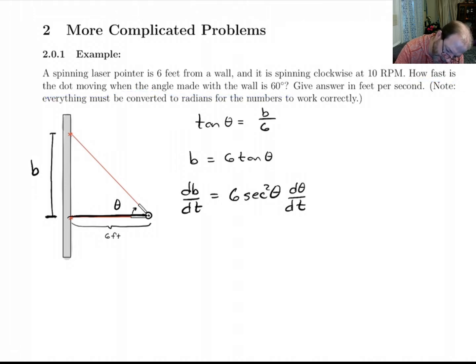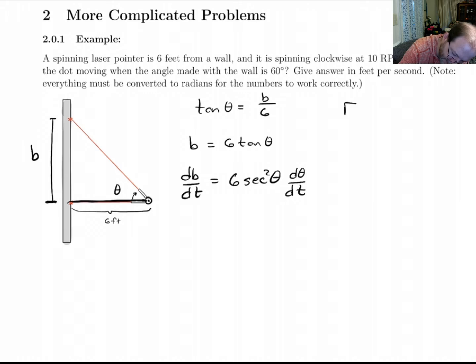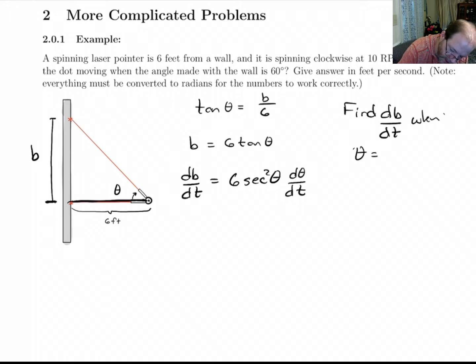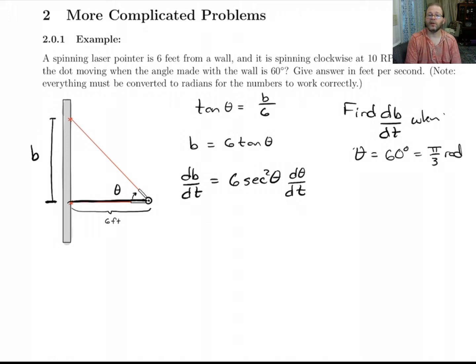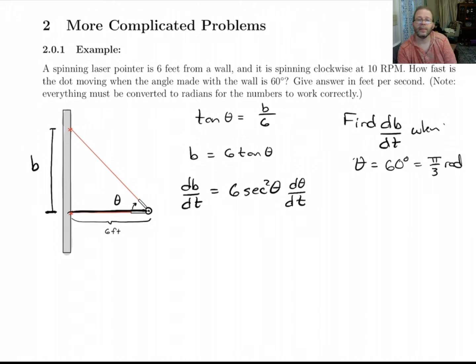So what they're asking us here is to find db/dt when theta is 60 degrees, or pi over 3 radians. We have to convert all these angles to radians to make this work out right. And so we also need to know, what is this d theta/dt? Well, we've got to come up with that from this 10 RPM.